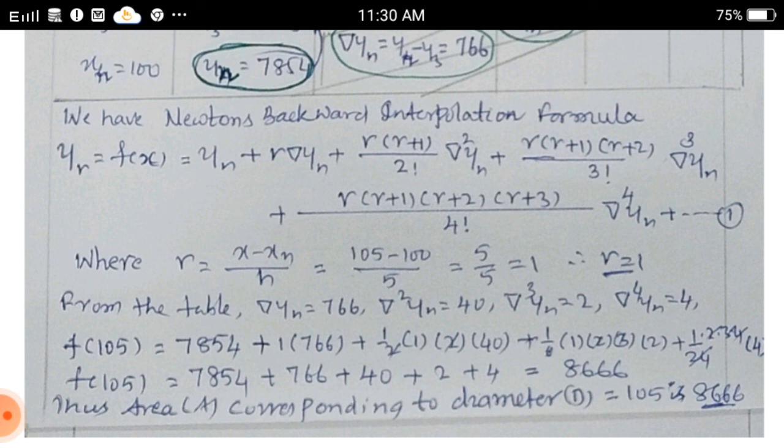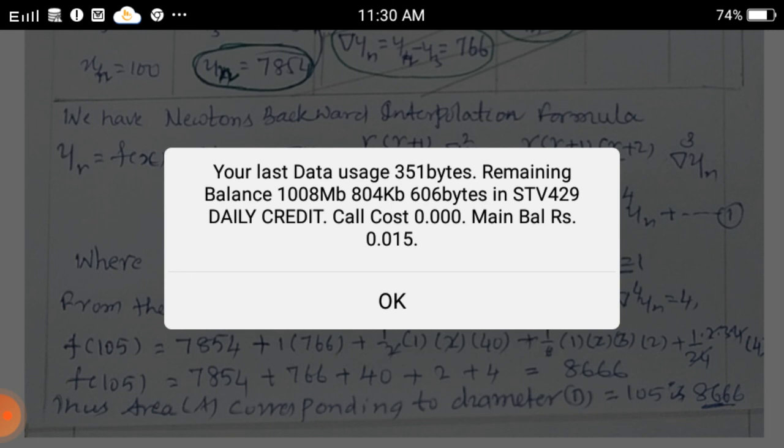This is the method of estimating the value of y at a given value of x. x may be in the beginning of the table, the last value of the table, the first half of the table or the second half of the table. If it is inside the table values, between x0 and xn, that is interpolation.